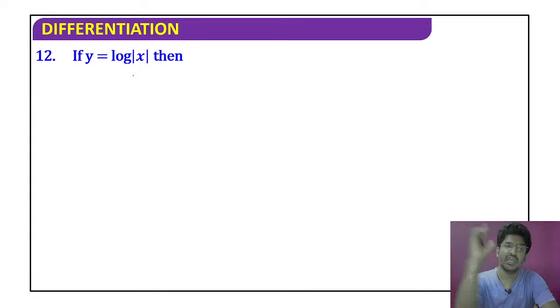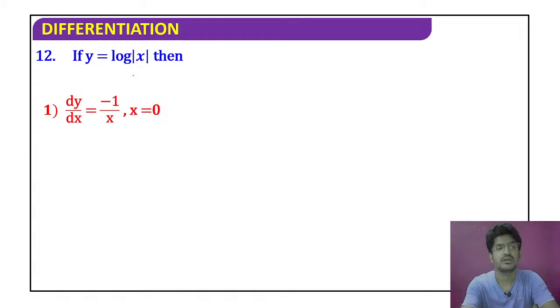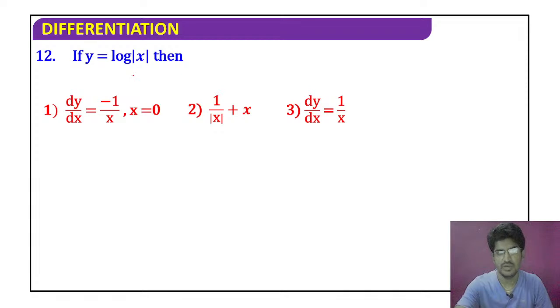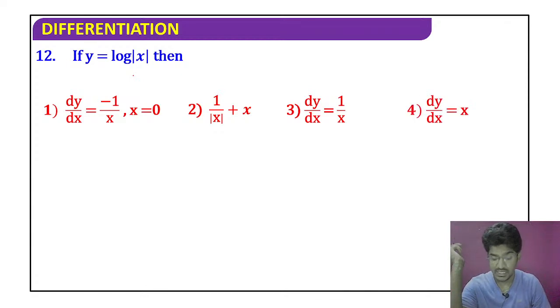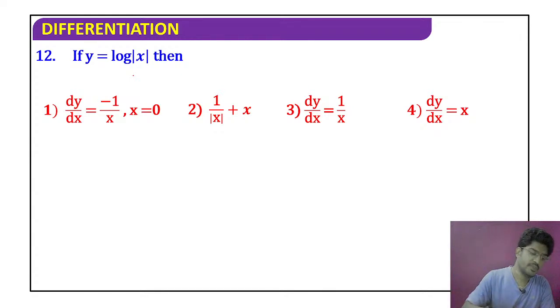Now quickly I can go for the 12th one, that is y equal to log of mod x. Then what is the answer? dy by dx is minus 1 by x, where x is not equal to 0; or 1 by mod x; or 1 by x; or x.